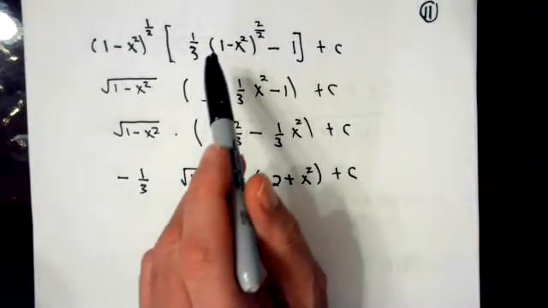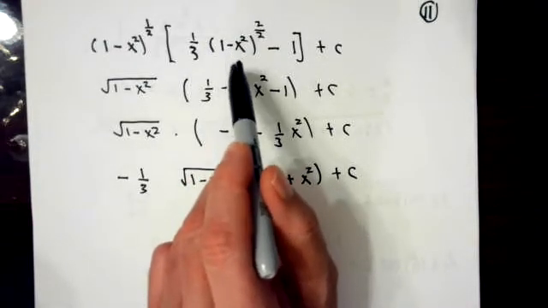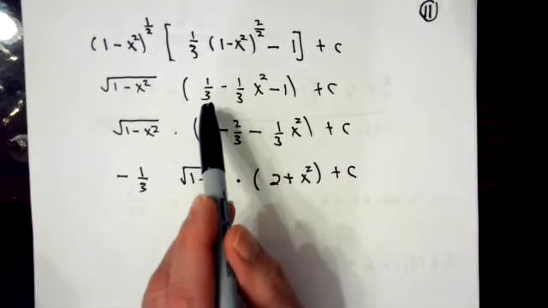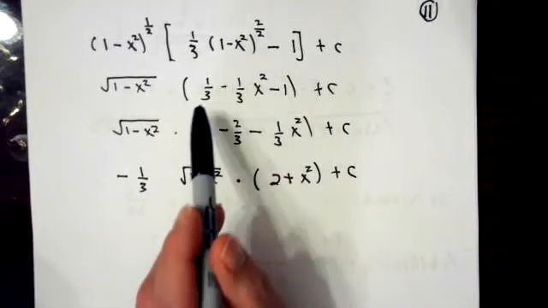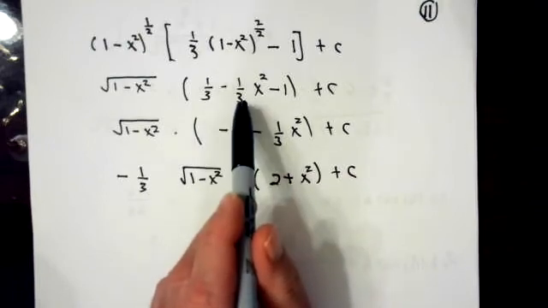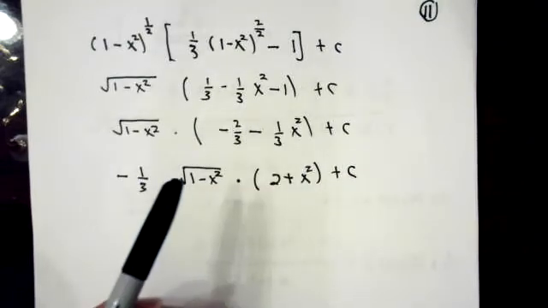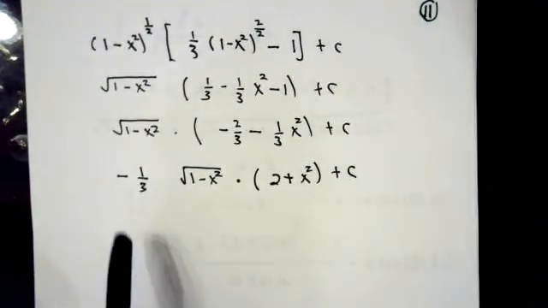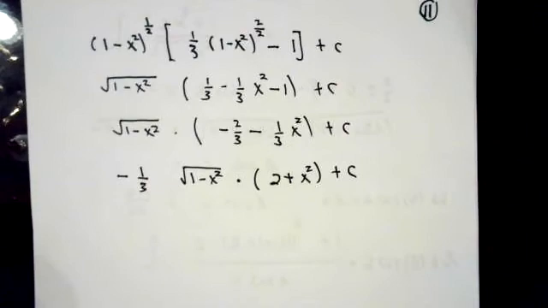So this is just going to be 1/3 times 1 minus x squared minus 1. That would be 1/3 minus 1/3 x squared minus 1. And then you can factor a negative 1/3 out of the result and have this as your antiderivative. As far as I'm concerned, though, the answer that we had on the bottom of the previous page is a perfectly good way to represent this.